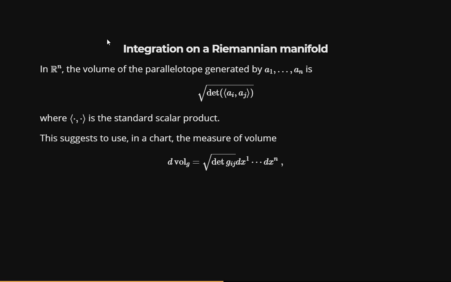This suggests using, in a chart, the measure of volume given by the square root of the determinant of the metric times dx1 ... dxn. So dx1 ... dxn is the Lebesgue measure, the standard volume in a chart with coordinates x1, ..., xn.